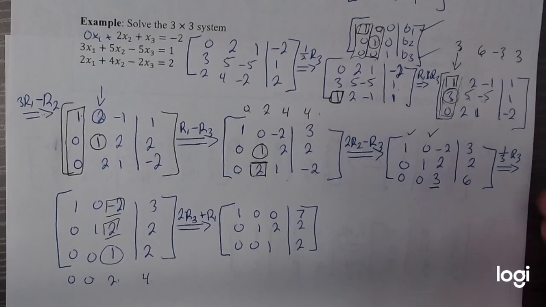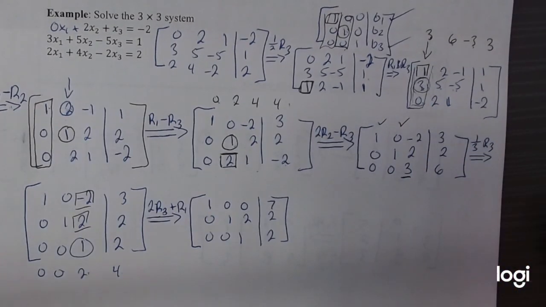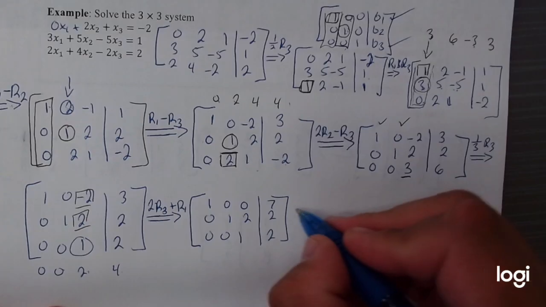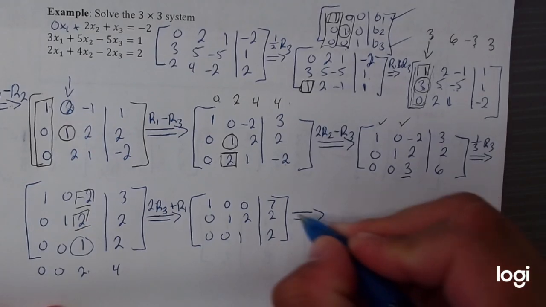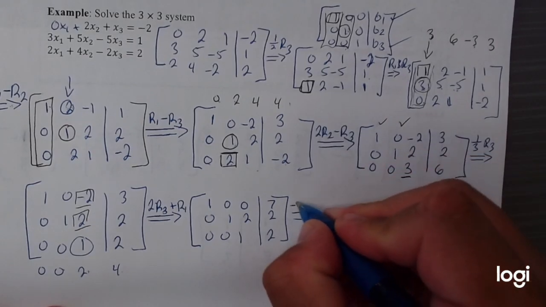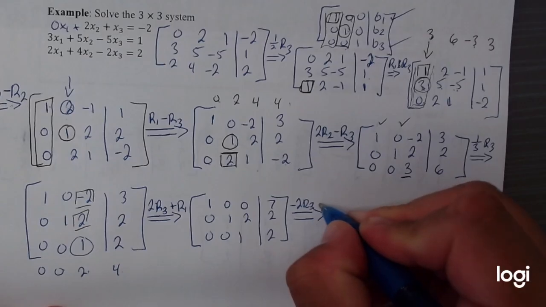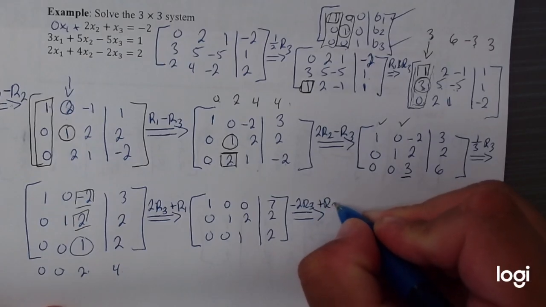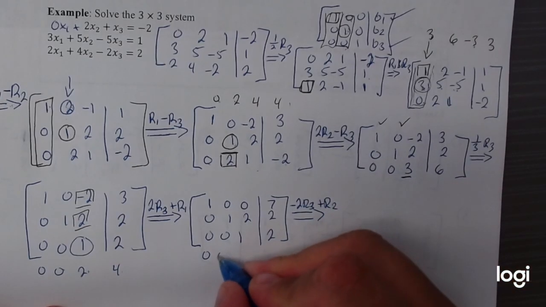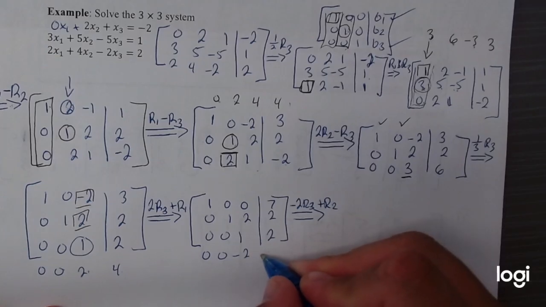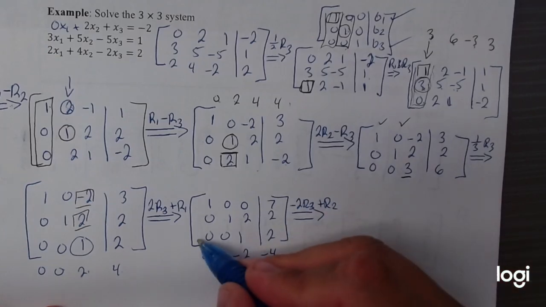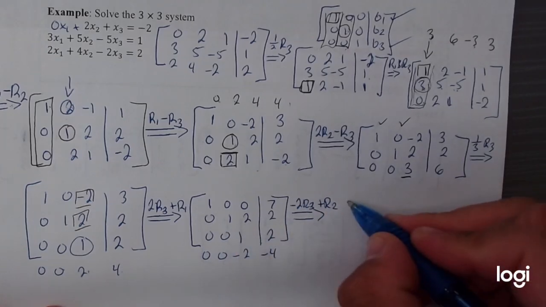All right, so it looks like all we have to do is one more step, and we got our answer here. So I'm going to do the same thing we did over here. This time, I'm going to multiply -2 to row 3, and then add it to row 2. So it'll be 0, 0, -2, -4, right? I'm multiplying -2 times row 3.